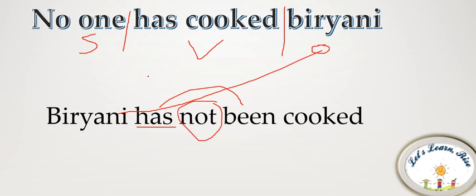Then add been because we have has. So if we have a have or has, we need to add been after has. The third rule is verb 3 form of cooked is the same, cooked. I hope you understand.